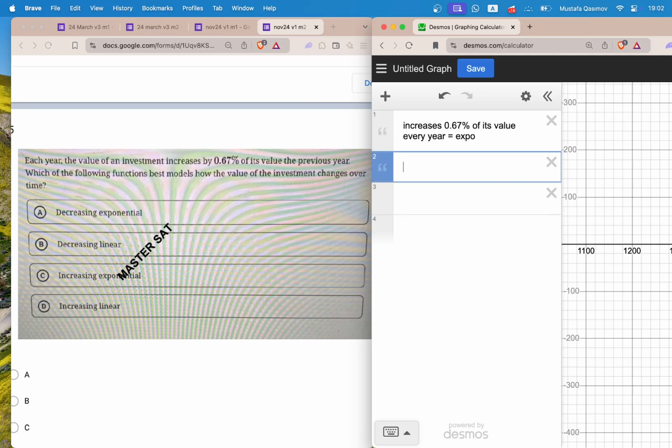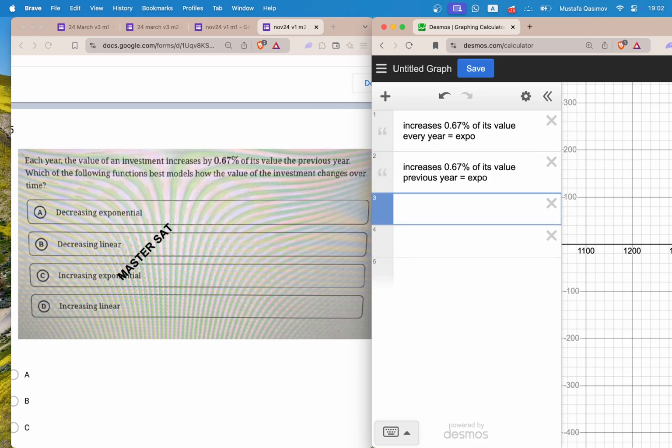If you have something like this, not every year, just previous year, it's also exponential. If you have something like that, initial or original value, then it will be linear.